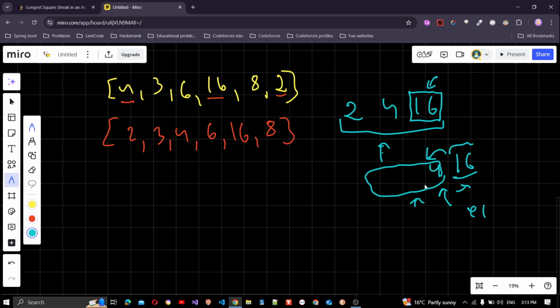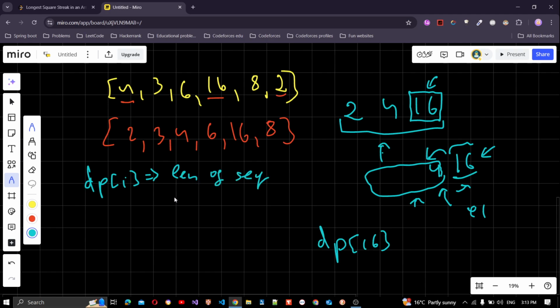Knowing the length of the sequence that ends with 4 helps us to find the length of a sequence that ends with 16. So first of all, dp[i] would mean the length of the sequence ending with the number i.